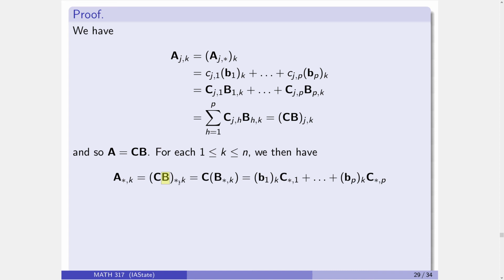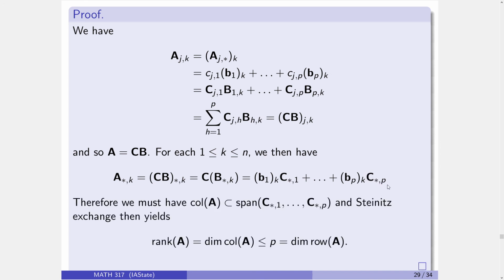So now the kth column of a matrix multiplication is a linear combination of the columns of the matrix on the left. So hey, that means each element of A's column space is a linear combination of these columns from C1 to CP.